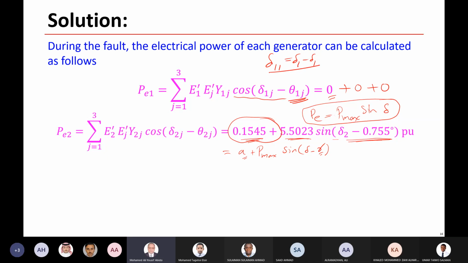What is the reason for having such a constant value and also delta shifted by an angle gamma? Any answer?